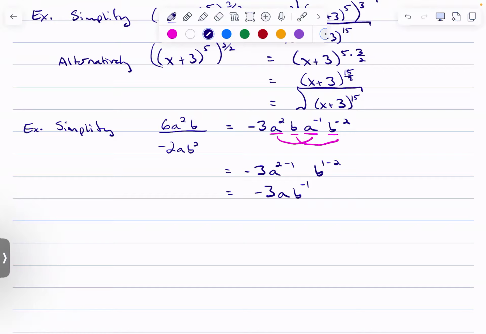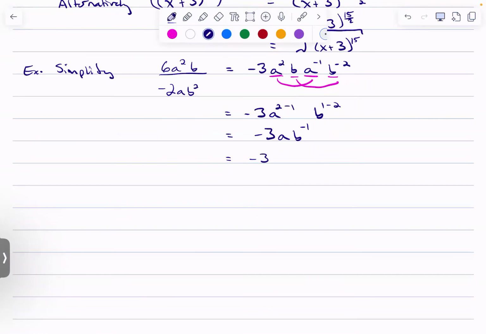Now, the power of -1 is not usually considered simplified. I'd be happy if you ended here, but we should take it one step further and say this is -3a over b.